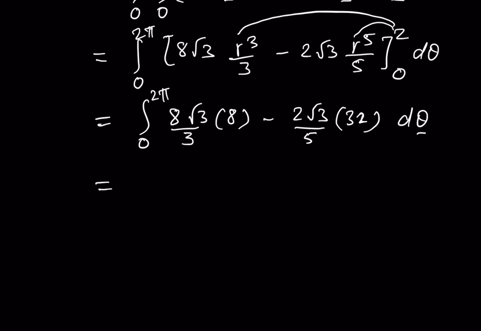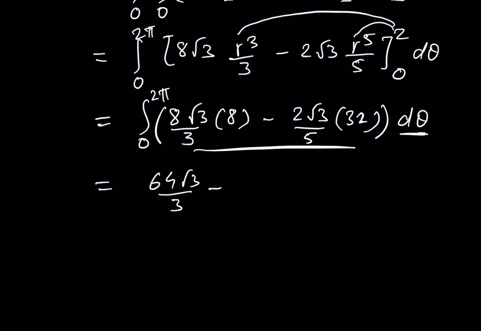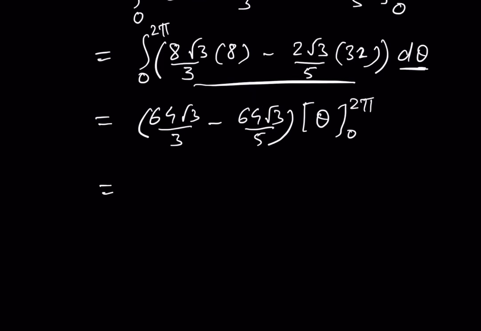Simplifying this, as this is constant and this is integration with respect to theta, which will be theta, we get 64 root 3 by 3 minus 64 root 3 by 5. Integration with respect to theta is theta and theta limits are 0 to 2π, which is equal to 64 root 3 common, times (1/3 − 1/5).